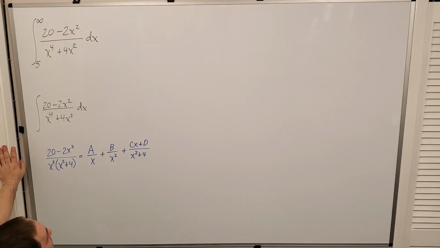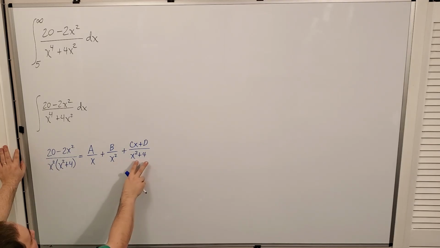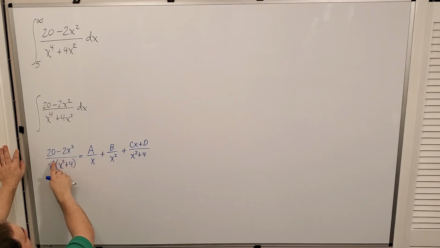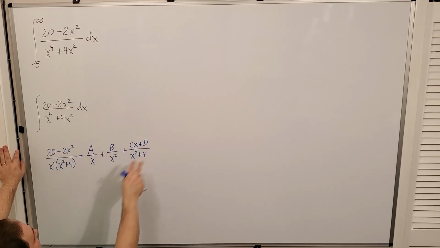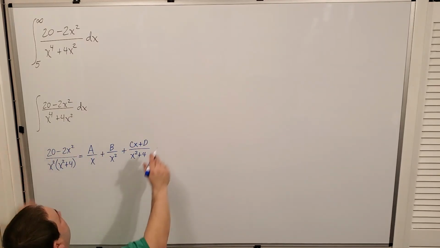Okay, to continue my partial fraction decomposition, I'm going to multiply everything by the x squared times x squared plus 4. So I'll multiply that to each spot here.